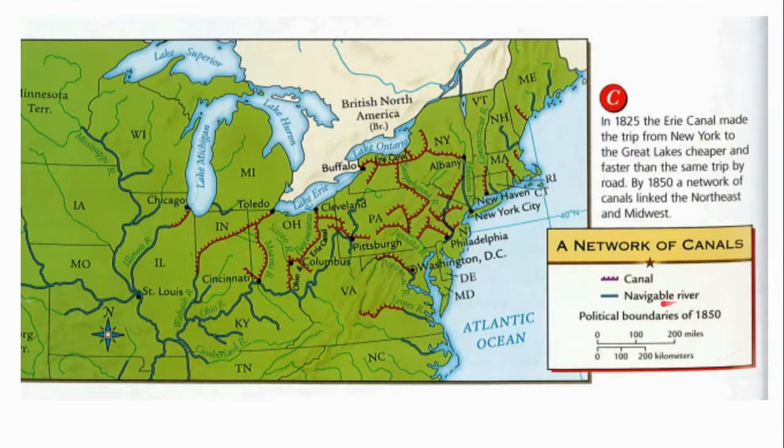Navigable river is in blue, so these are all rivers here. Navigable means it's a river that you can navigate on. You can actually move a boat along, because there are some rivers that are not navigable. They just are too shallow to actually use a boat on. And we're using the political boundaries of 1850, so this is basically a map from 1850.